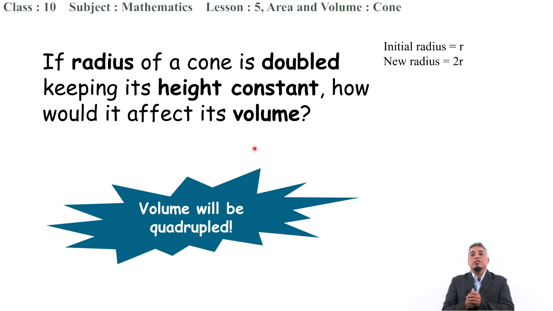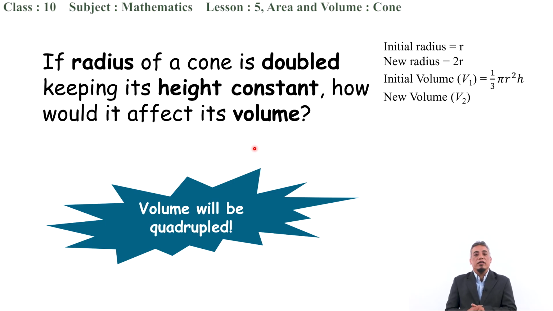Here we have taken initial radius as r and new radius as 2r. Then initial volume is 1/3 of pi r square h. Same formula as before. And in case of new volume, in place of r, there will be 2r. But that 2r lies inside the bracket of whole square. Yes, a square is there. And that square will ultimately change this 2 as 4, because 2 square is 4.